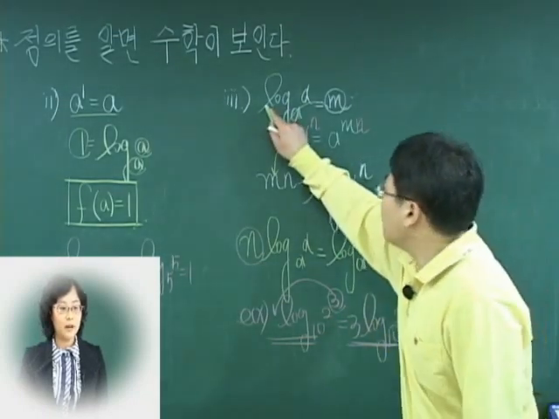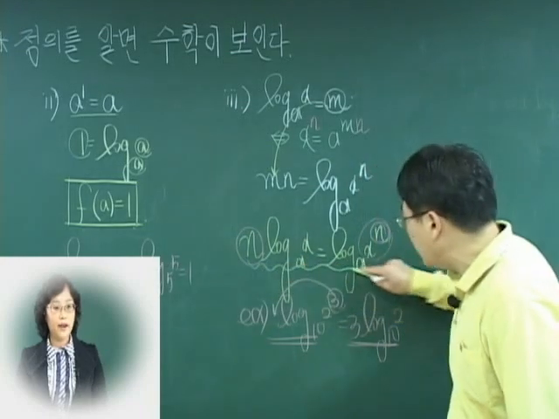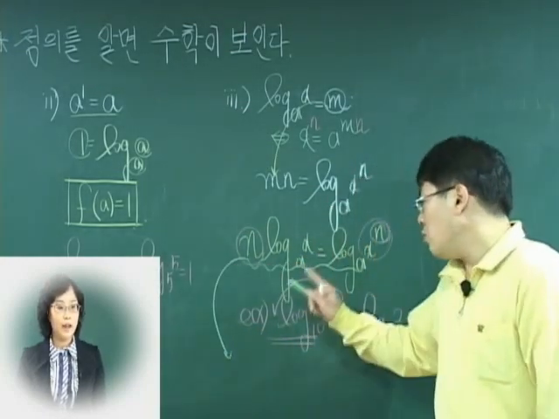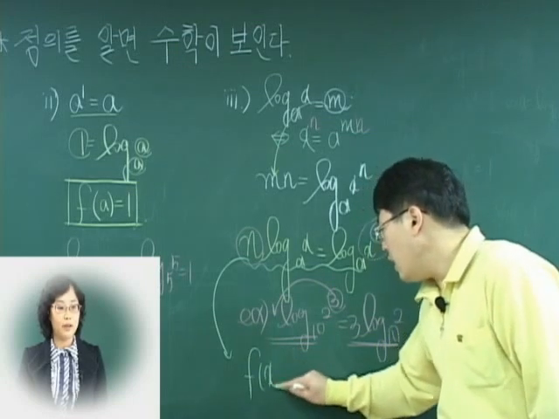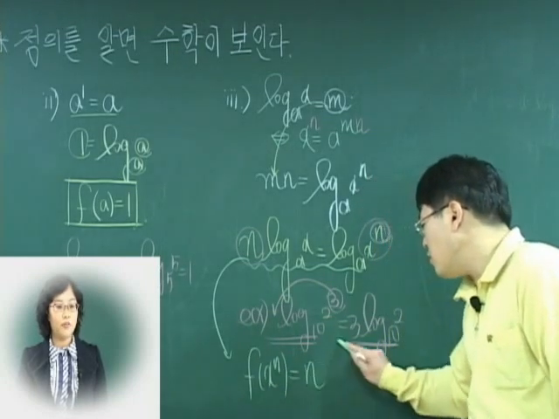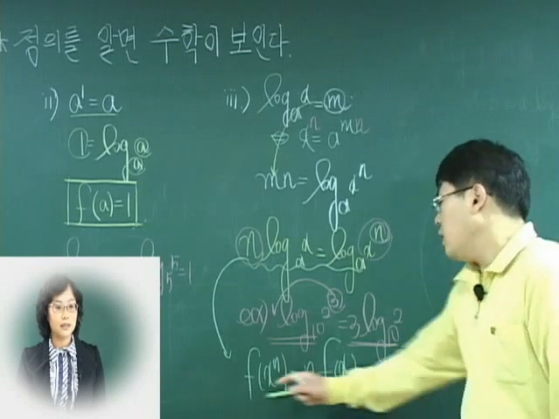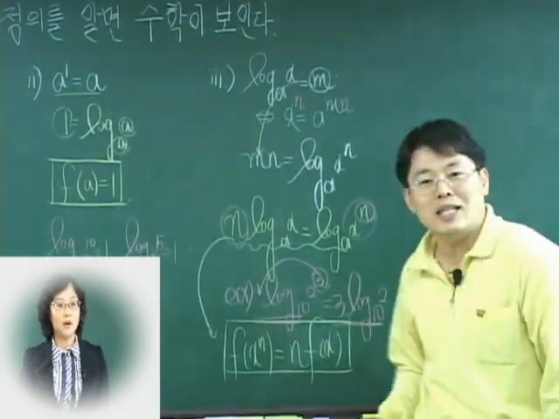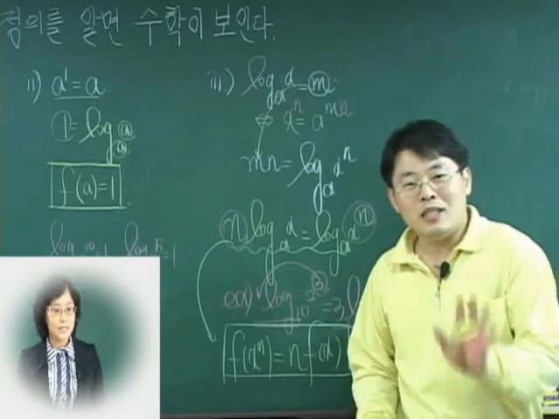Using this formula, we have to change it into functional form: f of x to the n power equals n f of x. Is this also a property? Yes.